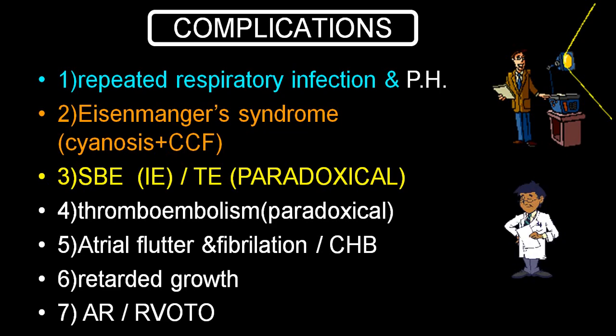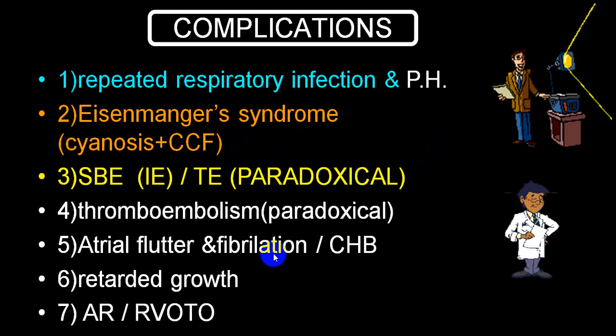As far as complications are concerned, repeated respiratory tract infection, pulmonary hypertension, retarded growth, then the person can go into reversal, which we call Eisenmenger, where the person will start developing cyanosis with congestive cardiac failure, paradoxical embolization, infective endocarditis, thromboembolism with paradoxical embolization.